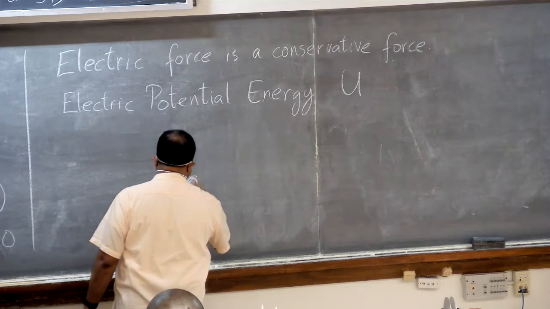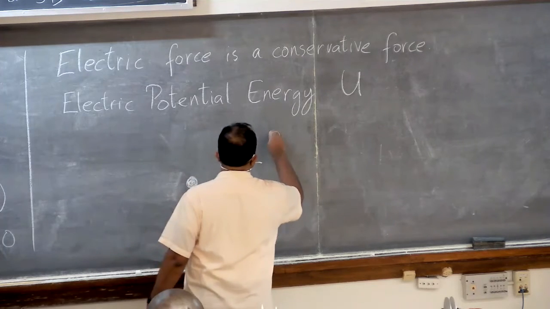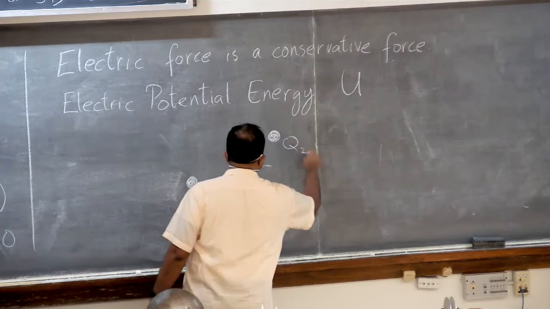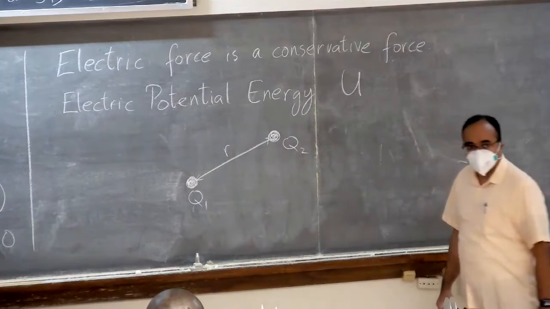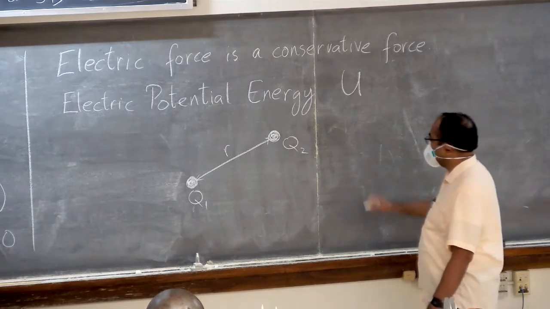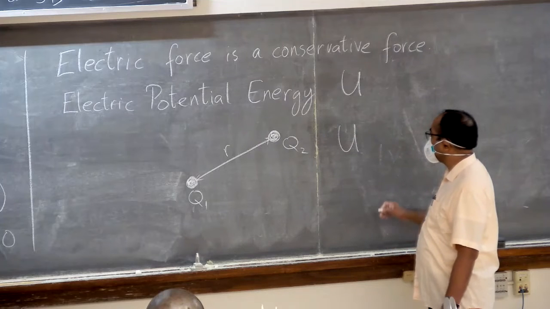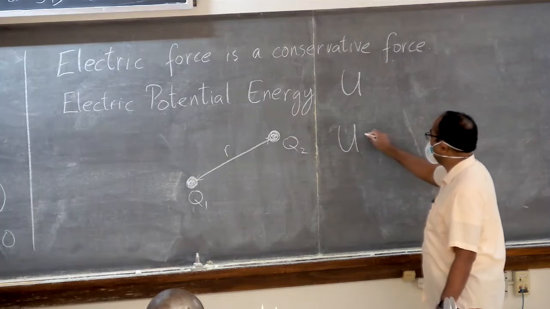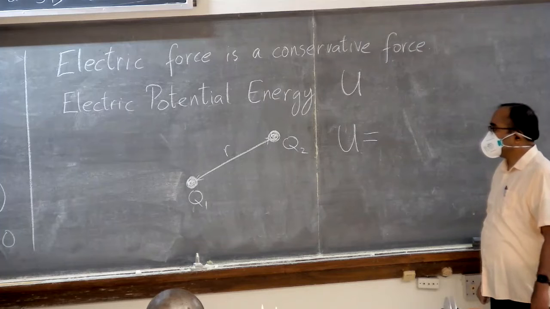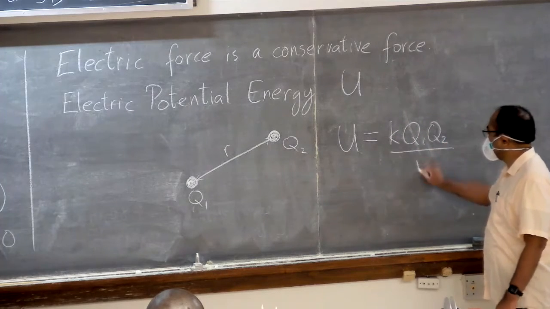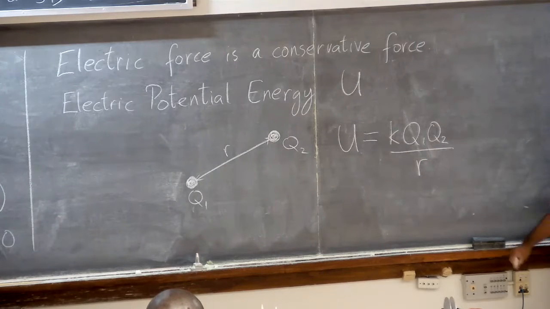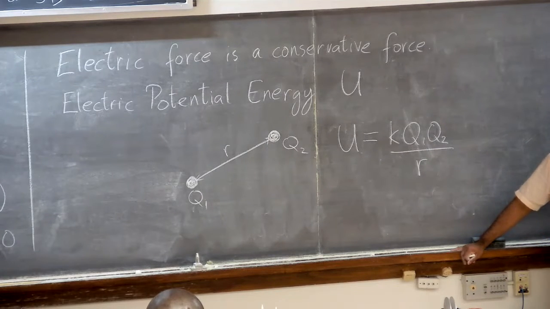So if you have Q1, Q2, separated by a distance R, what will be the U for this situation? I'll give you a moment to write stuff down.